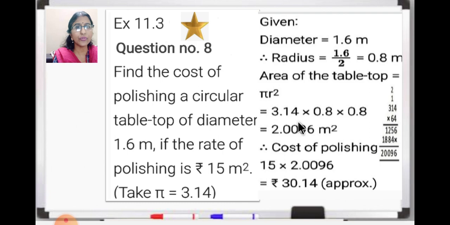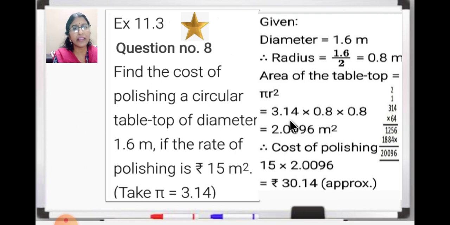Here 0.8 into 0.8 is 0.64, or you can take the numbers like this, 314 and 64. At the end you can give the decimal point. First you multiply, and you will get 20,096, and then you count the decimal places.